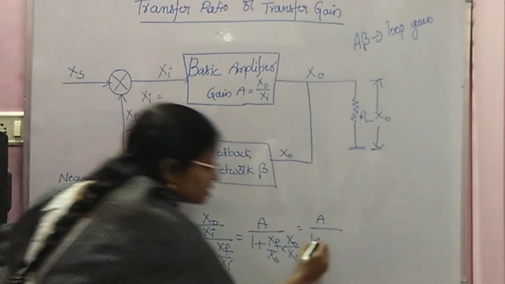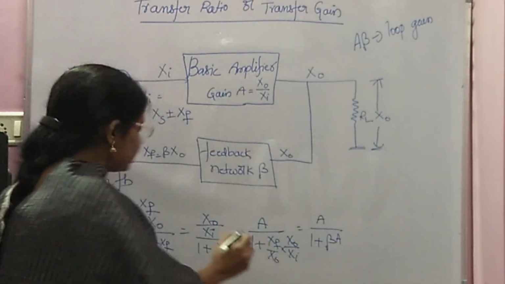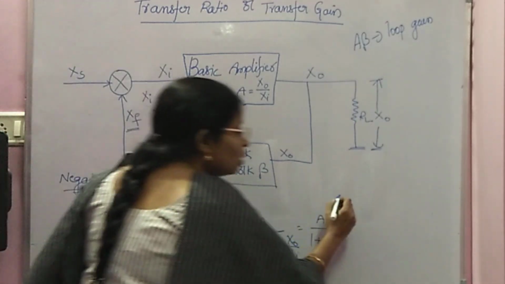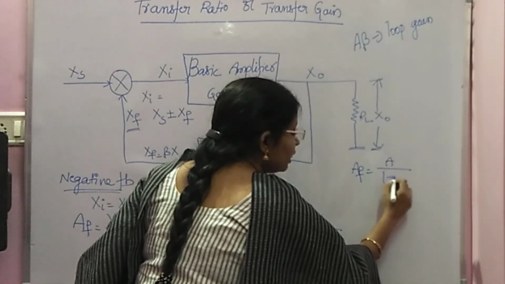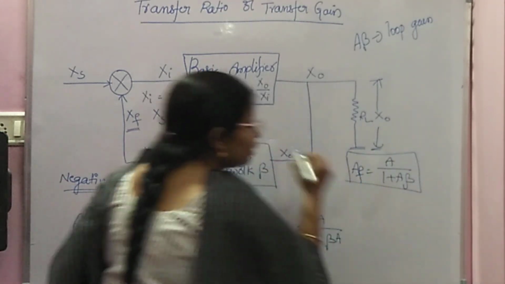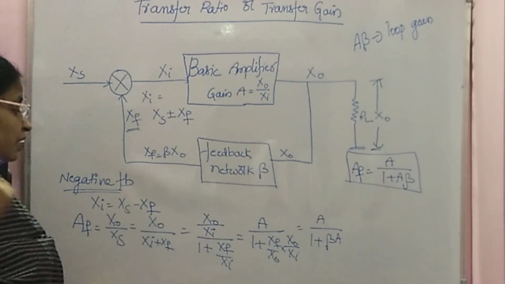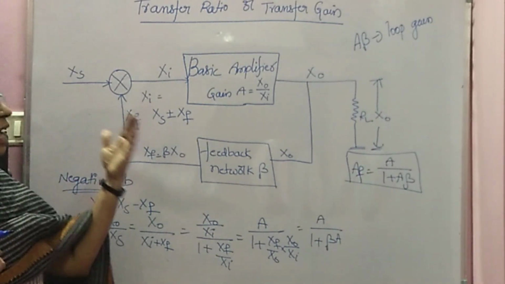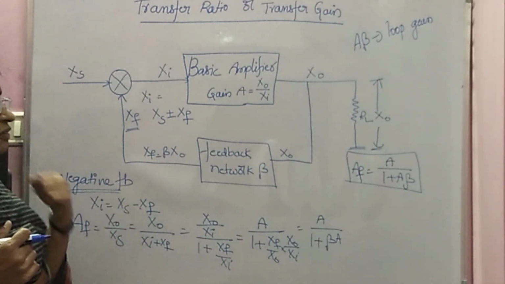Already I told you it is beta. And X0 by Xi is A. So in the case of negative feedback, AF is nothing but A by 1 plus A beta. This is the expression for gain with negative feedback, or the transfer ratio, of a negative feedback amplifier.